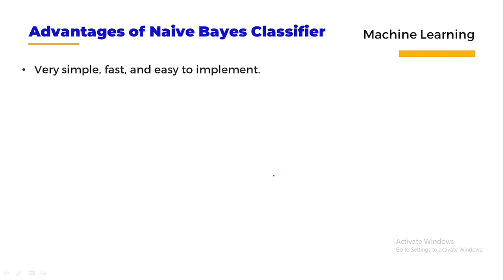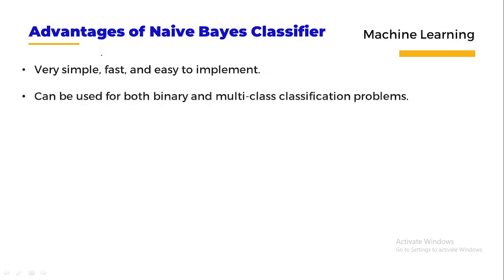Now we will see the advantages of the Naive Bayes classifier. First of all, it is simple and easy to implement. The second one is that it can be used for both binary and multi-class classification problems.